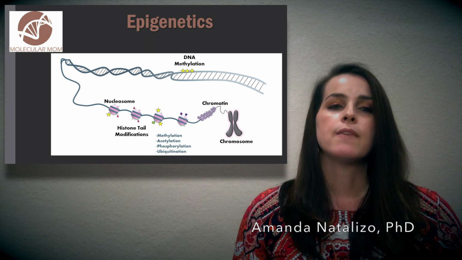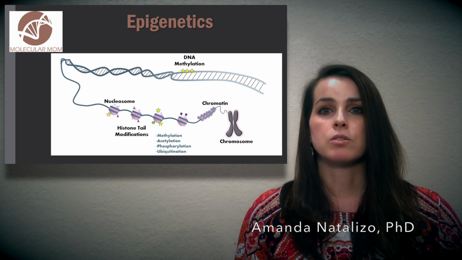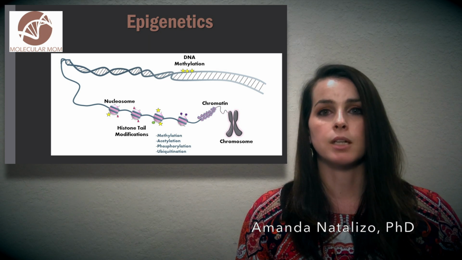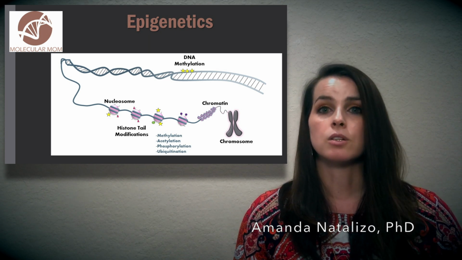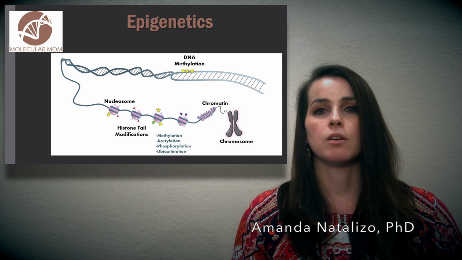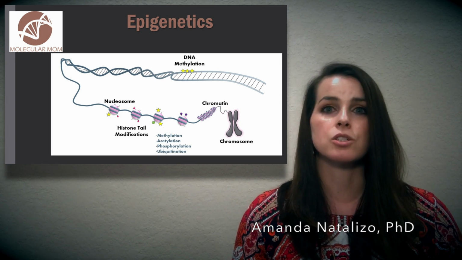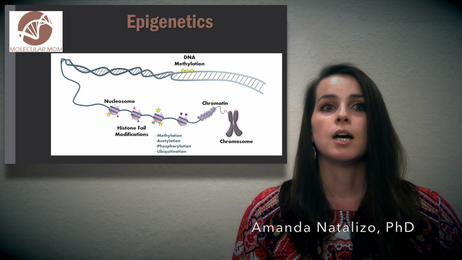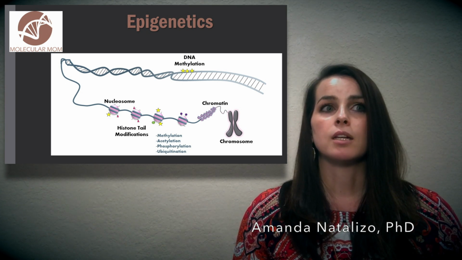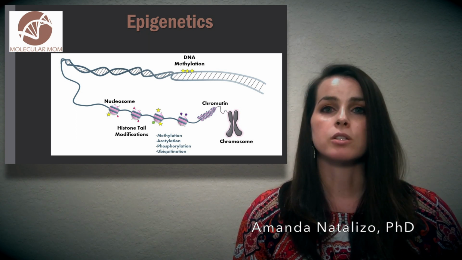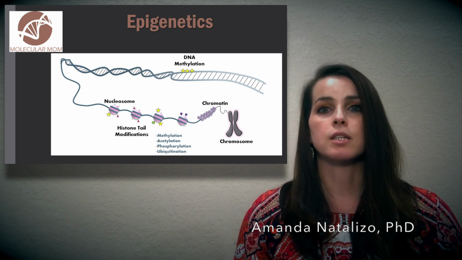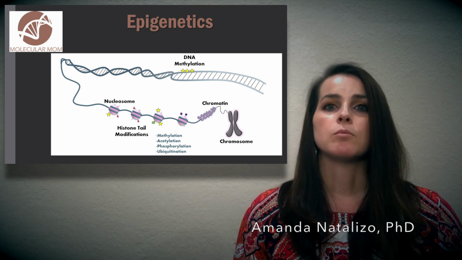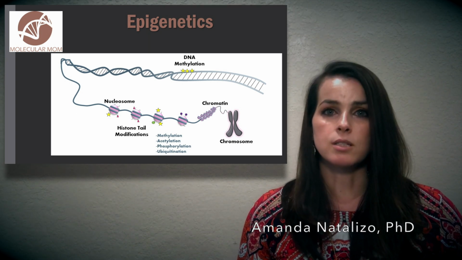There are many different changes that we're aware of to the DNA and the histone tails. The histone tails have methylation, acetylation, ubiquitination, phosphorylation, and there are many other modifications that have been recognized. So you can have epigenetic marks on the DNA itself or on these histone tails.